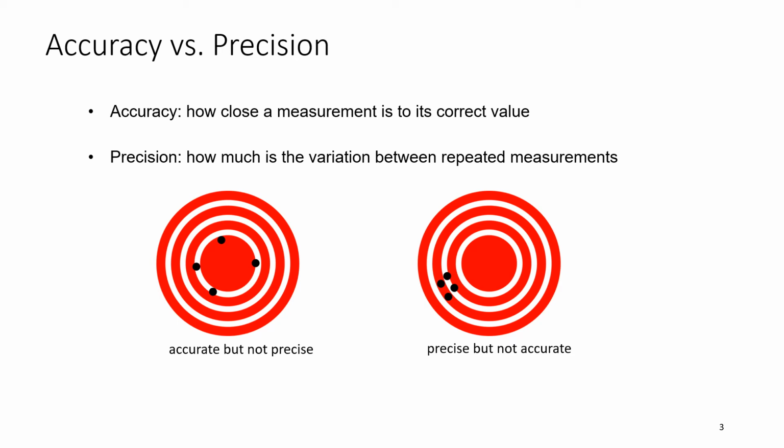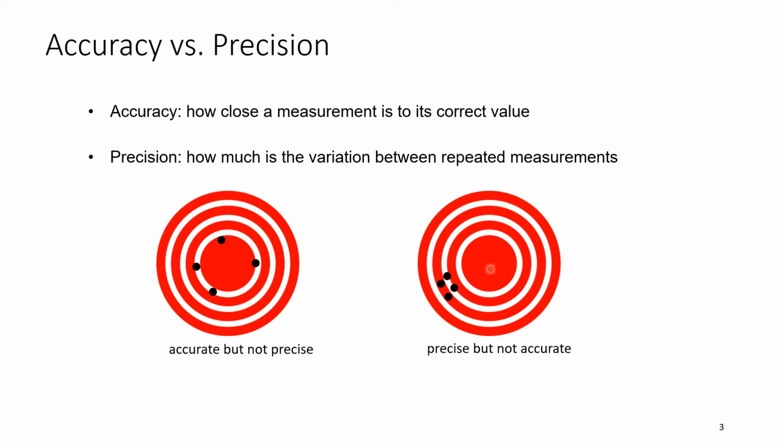Suppose the correct value is at the center. In the left picture, all the doors are spread out quite far apart from one another, indicating low precision, but they are each rather close to the center, indicating high accuracy.